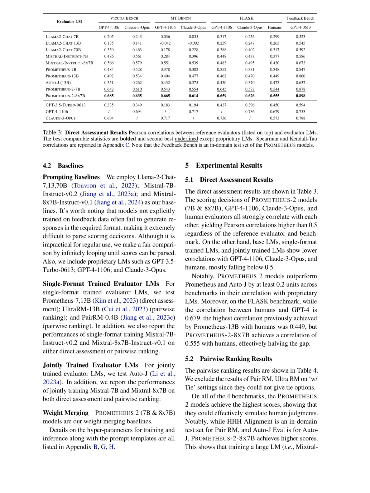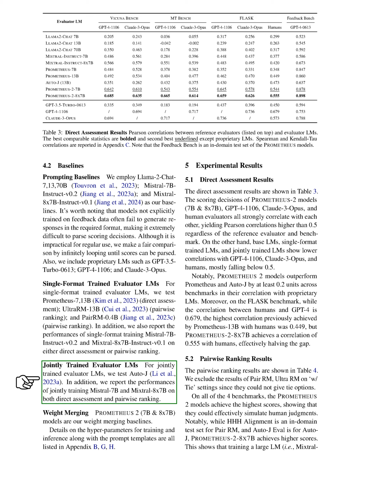We also assess single-format trained evaluator LMs such as Prometheus 7B, 13B, UltraRM 13B, and PairRM 0.4B, as well as jointly trained evaluator LMs like Auto-J, Mistral 7B, and Mixtral 8x7B on both direct assessment and pairwise ranking tasks.